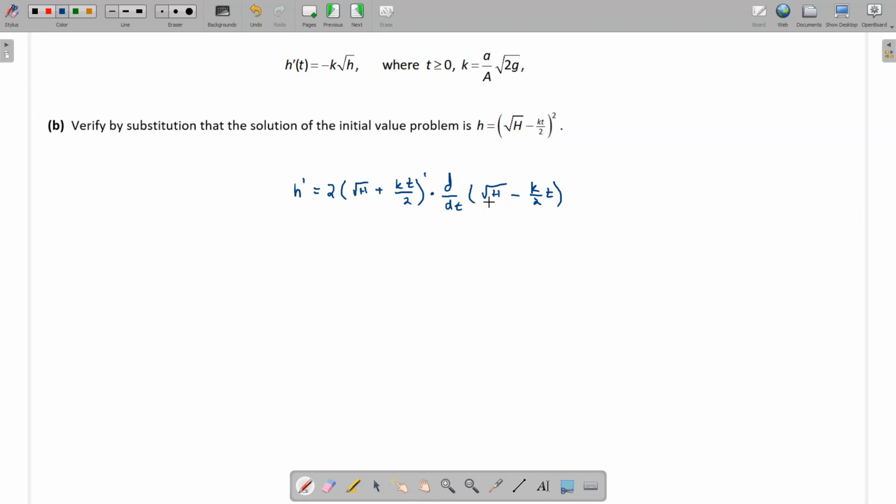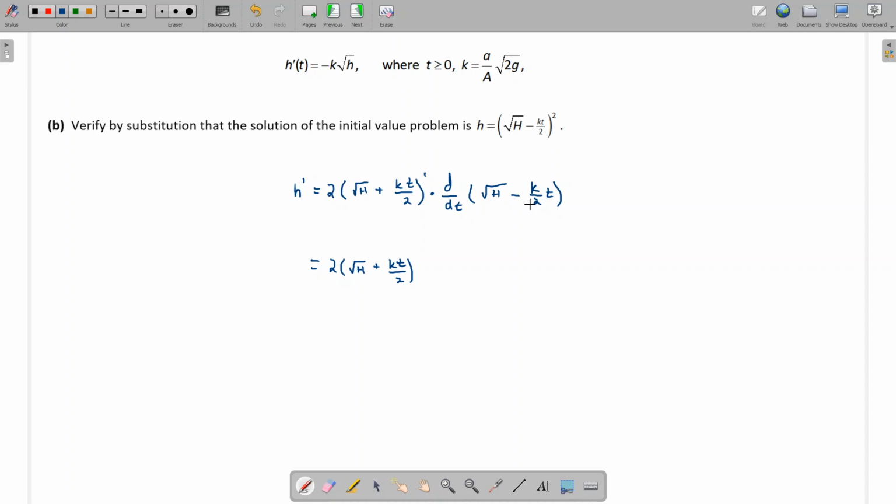Okay, so now when we differentiate this, let's rewrite this, leave it how it was. And we don't really need the 1 up there. So when we differentiate this piece here, remember that capital H is a constant. This was just the initial height, so that's just a number there. So that's going to get wiped out when we differentiate. And then when we differentiate this piece, k over 2 is another constant.